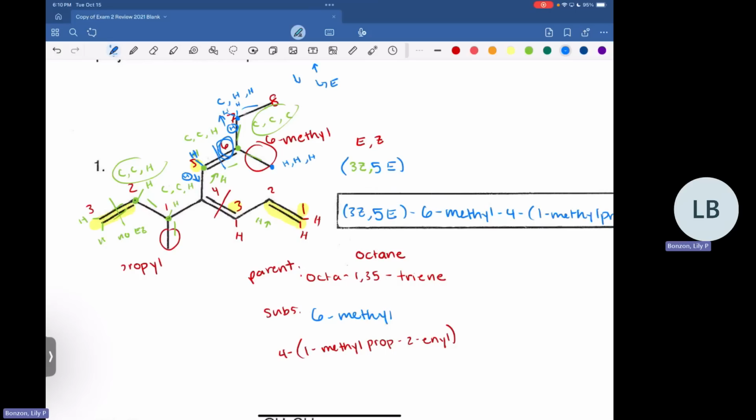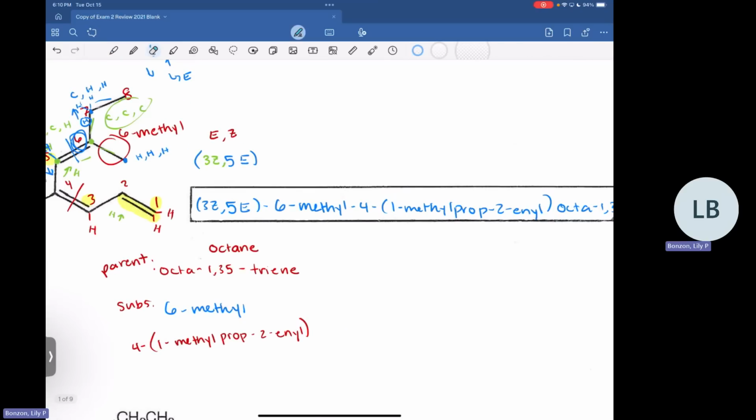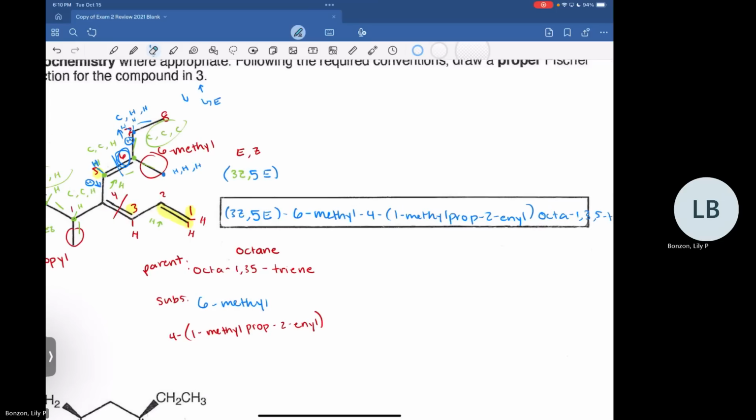Yeah, that would be considered incorrect because for complex substituents, you put the whole substituent in the parentheses. Yeah. So for the double bonds, you can do either in the middle of the name or you can do them on the front, and either one's fine. Yes.